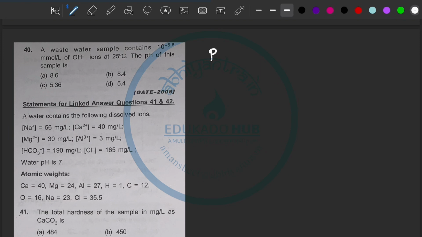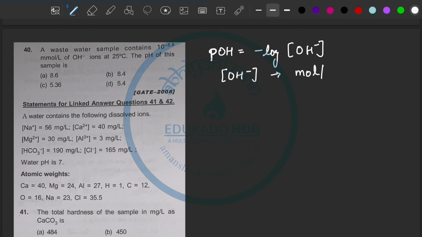See, they have given us pOH, right? pOH is nothing but minus of log of OH ion concentration, where this OH ion concentration will be in moles per liter, right?